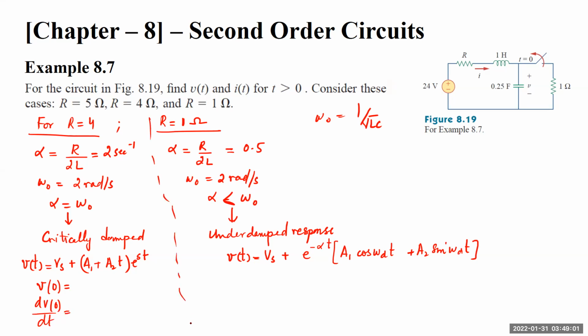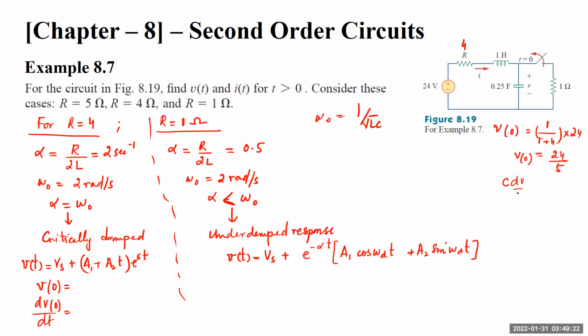if we have to solve for R equals 4, so this is 4 and 1, v of 0 will be 1 divided by 1 plus 4 times 24. So 24 divided by 5 will be your v of 0.